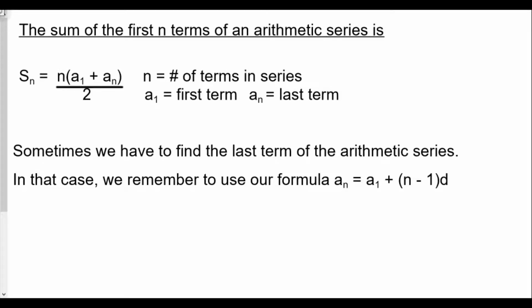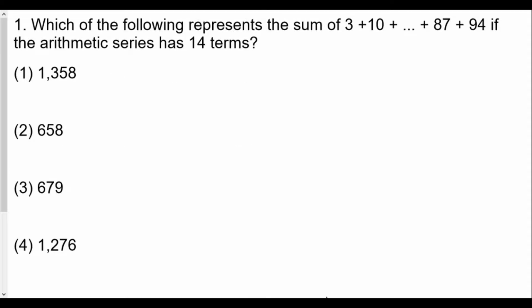So here, let's go back to our question, now that we have a formula. We need the sum of the first 14 terms. We know n is going to be 14.